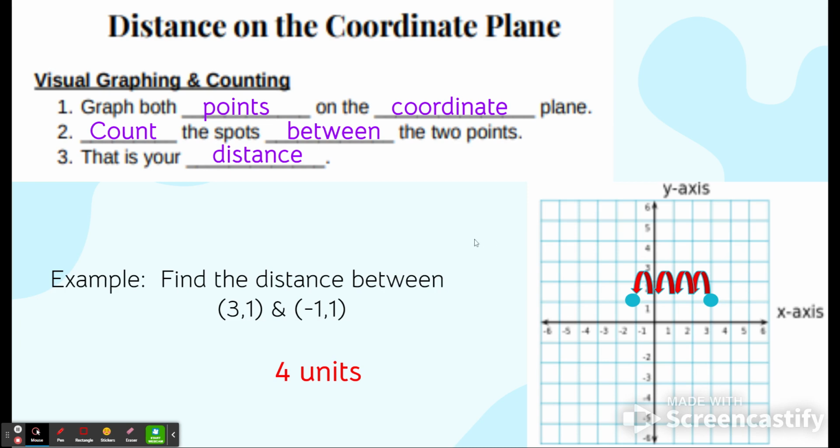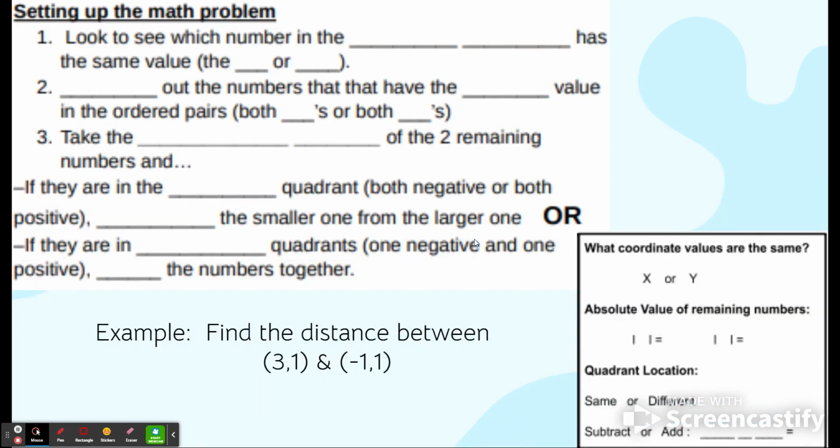Let's look at the other way in case we get some big numbers. All right, so you can set it up as a math problem. You're either going to be adding or subtracting certain numbers. The first thing we need to do is look to see which number in the ordered pair has the same value, the x's or the y's.